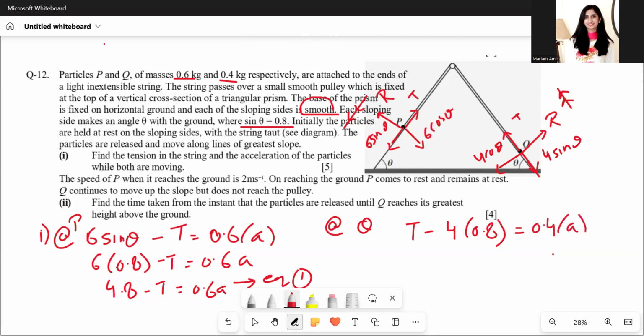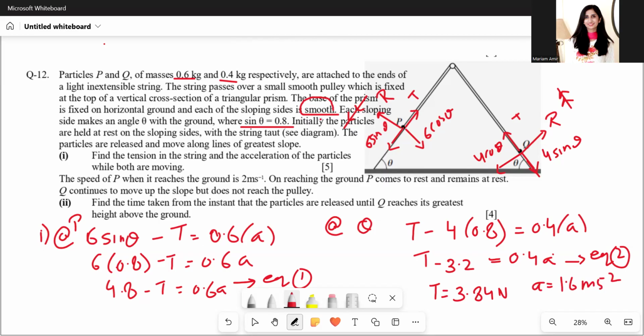A has to be found. So T minus 3.2 equals 0.4a is the second equation. You solve equation 1 and equation 2 on your own, and you should be getting 3.84 newtons for the tension and 1.6 meters per second squared for the acceleration, and part 1 is done.